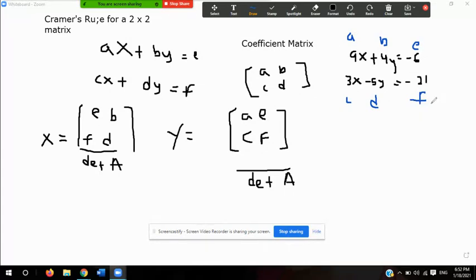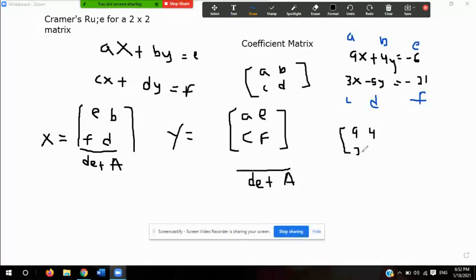The first thing we're going to do is find the determinant of the coefficient matrix, which is a, b, c, and d, which in this case would be 9, 4, 3, and negative 5.